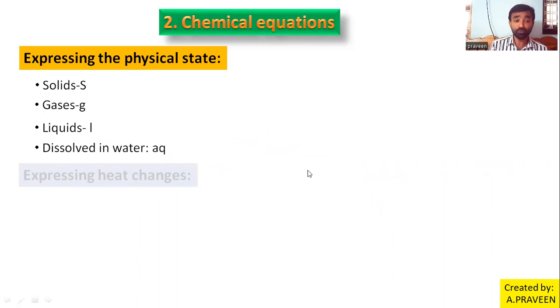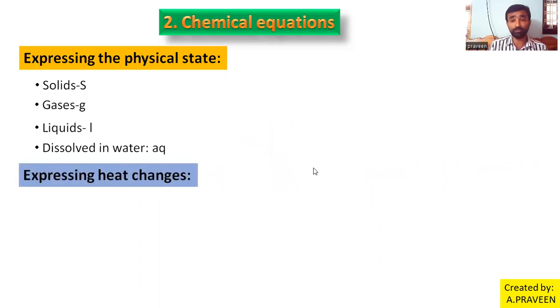Then you may observe heat changes, that maybe the contents become warm or contents become cool after the change. For example, calcium oxide reaction with water, the contents become warm. So how to indicate that? Heat after the change, the contents became warm, so heat liberated.